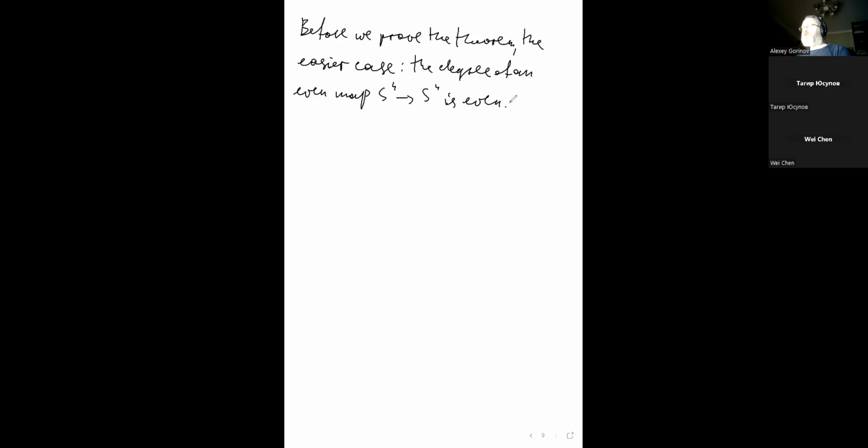The degree of an even map from Sn to Sn is even. Are there any ideas how to prove this statement?